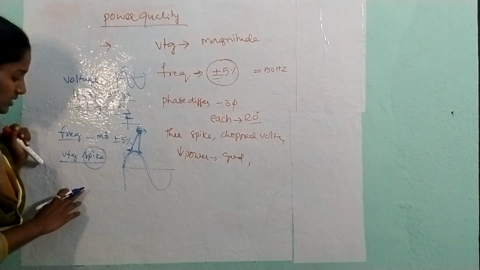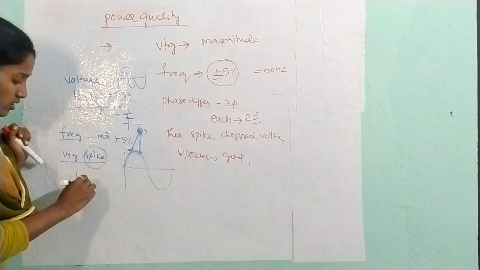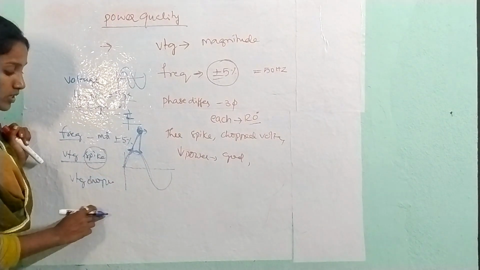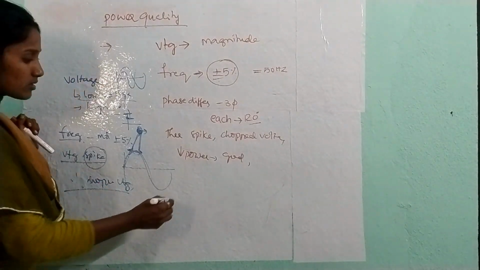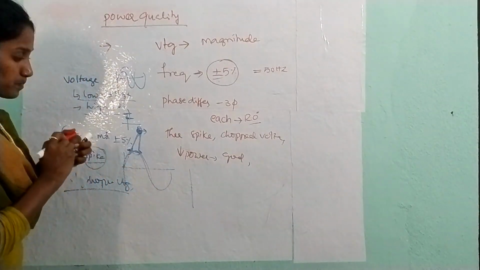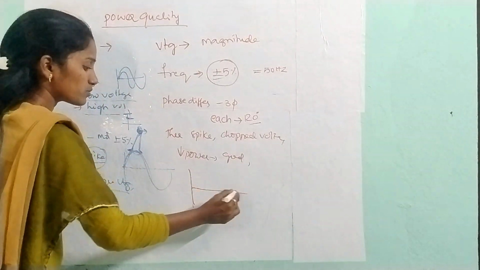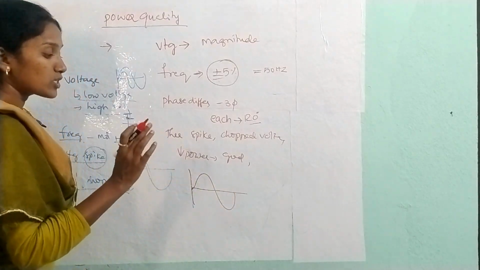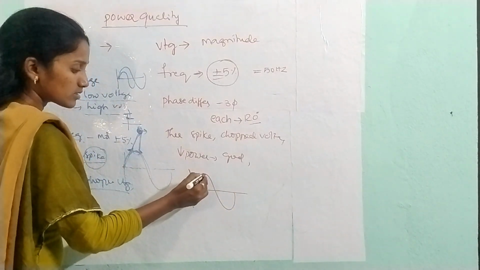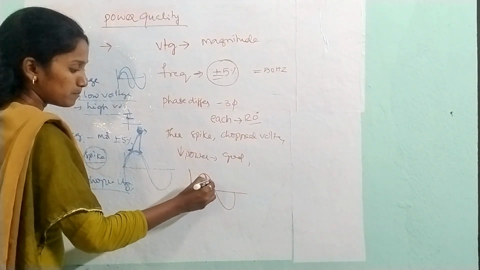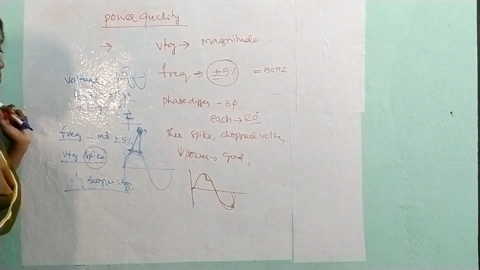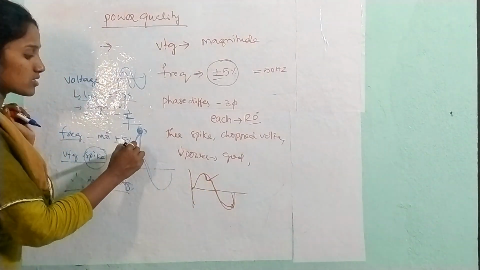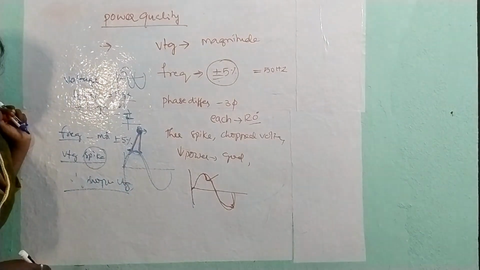And another thing is chopped voltage. We have our pure sinusoidal wave. The chopped voltage means the voltage has been decreased at one point. This is how chopping occurs, this is how spiking occurs.